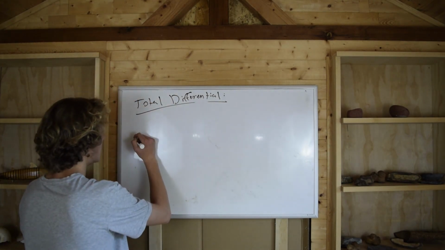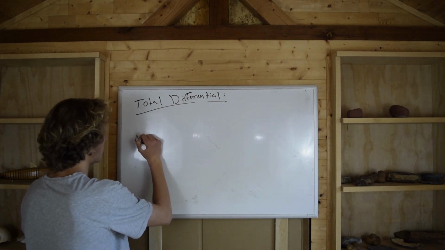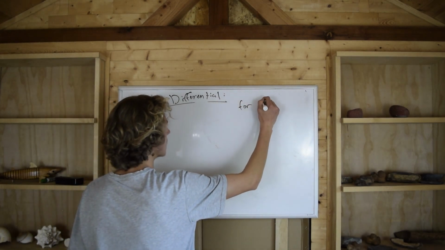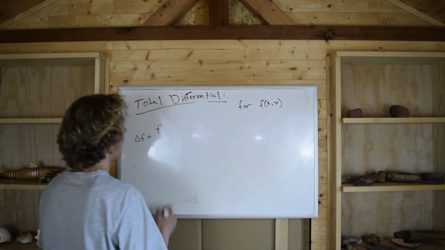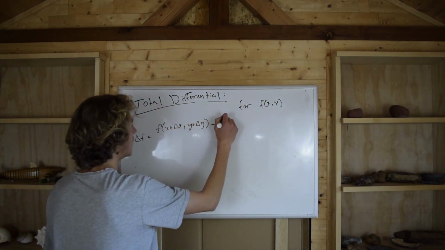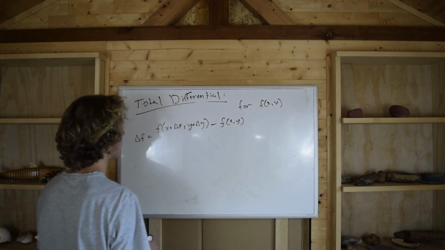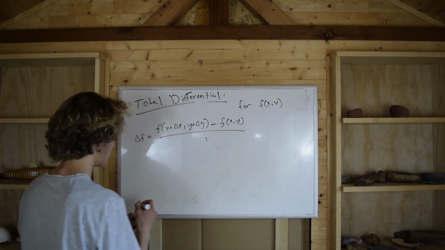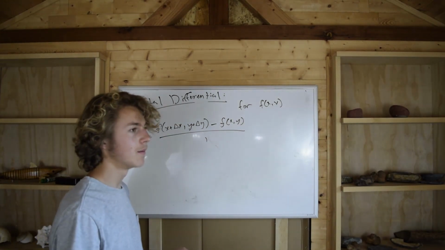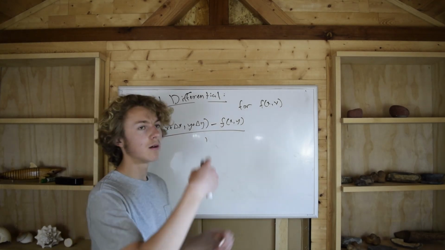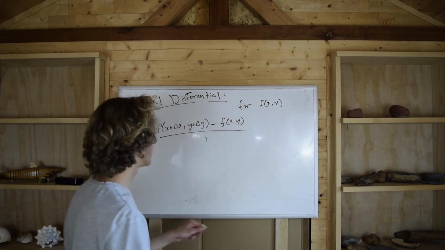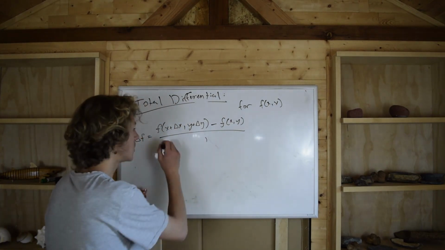So the change in f, for some function f of x, y, is f of x plus delta x, comma, y plus delta y, minus f of x, y, over 1. That's my change in f. We have some function where we added a small amount of x and a small amount of y, and then we subtract our initial amount, and that gives us our change.